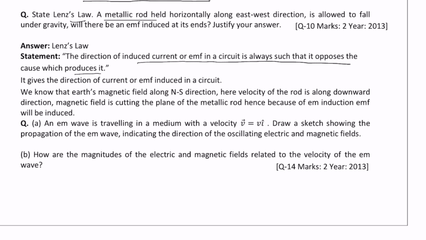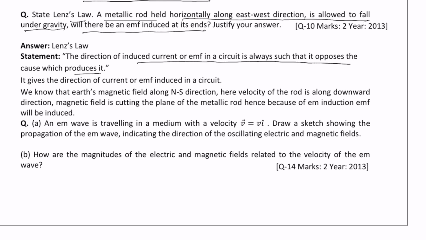Now, a metallic rod held horizontally along the east-west direction is allowed to fall under gravity. Will there be EMF induced at its ends? The metallic rod is falling under gravity, but there is terrestrial magnetism involved. Earth is a magnet, so it has a magnetic north and a magnetic south.